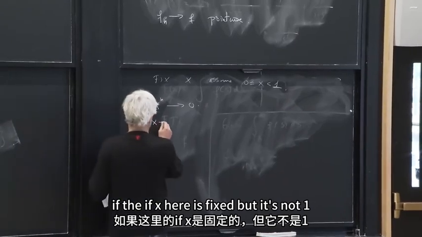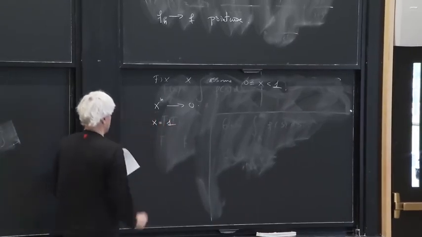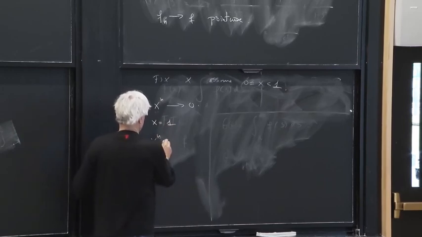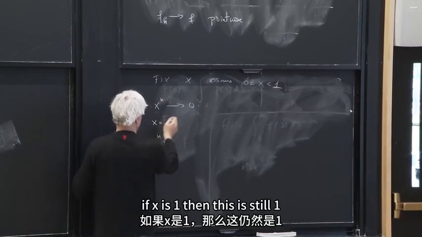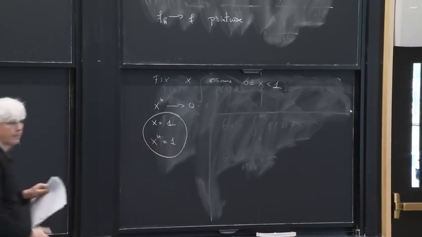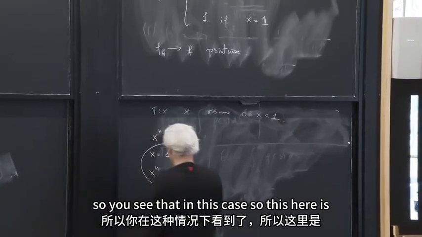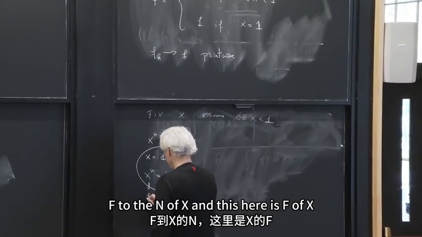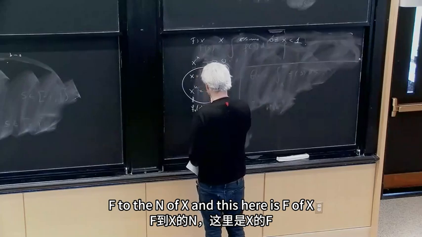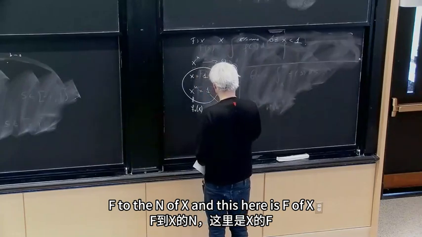If x here is fixed, but it's now 1, then x to the n, if x is 1, is still 1. So you see that in this case, this here is fn of x, and this here is f of x.